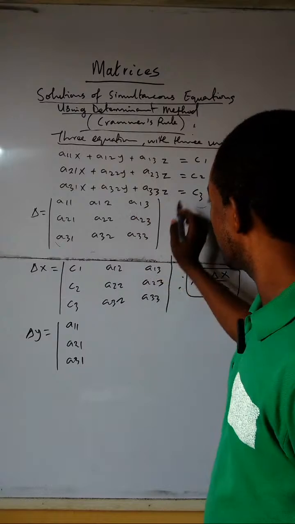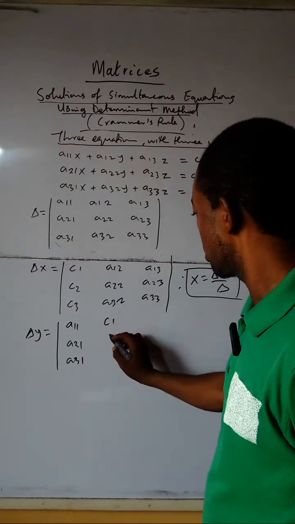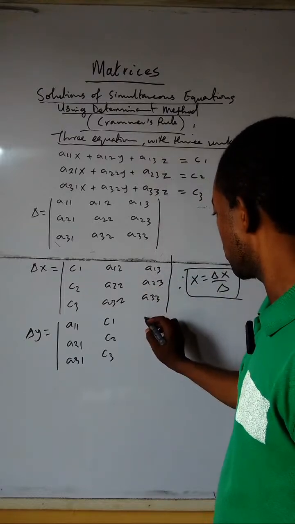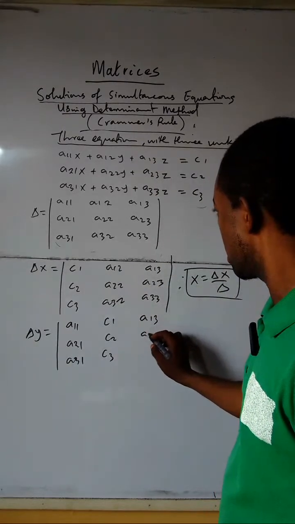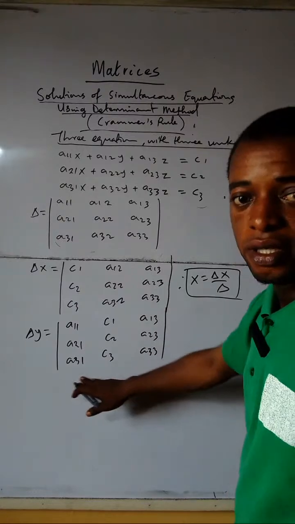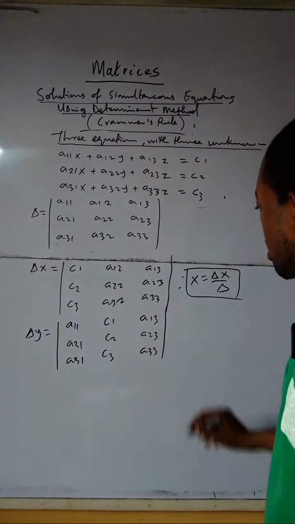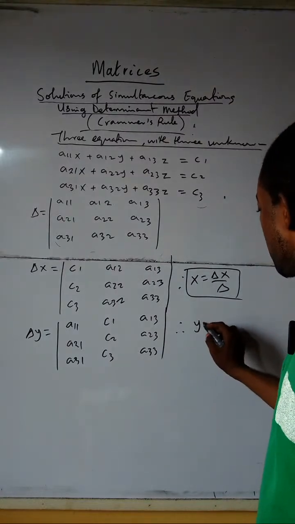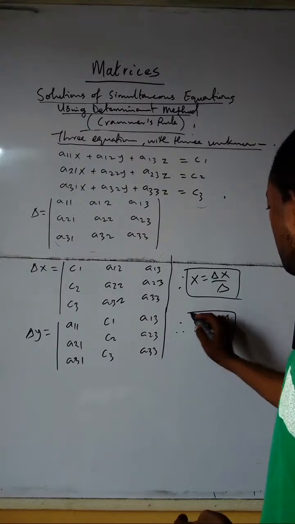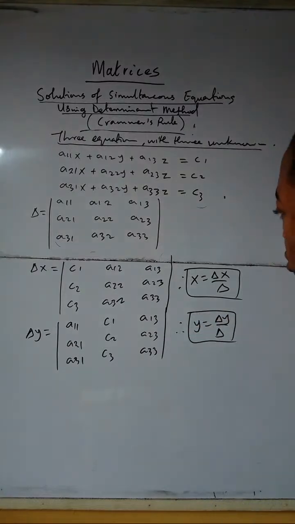The second column replaced now becomes c1, c2, c3, and we still maintain the third column, which is a13, a23, a33. Then we evaluate this determinant, and therefore y will be equal to the determinant with respect to y over the determinant. So that is the value of y.